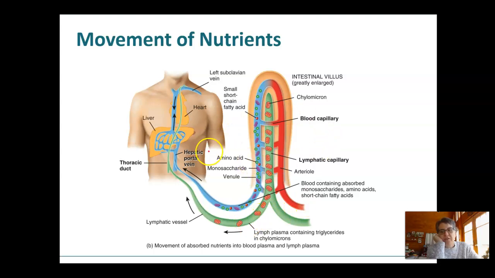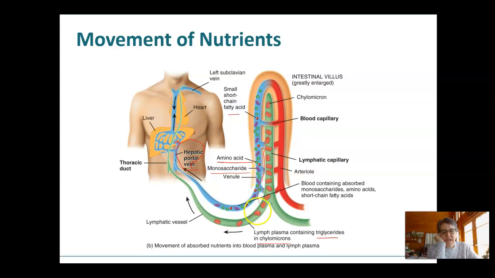This is what we pretty much talked about: all of my subunits of amino acids, monosaccharides, maybe even some teeny weeny fatty acids. Those can get into the blood and go to the hepatic portal vein, to the liver for processing. And then we have the triglycerides with proteins as chylomicrons in a lacteal, right?